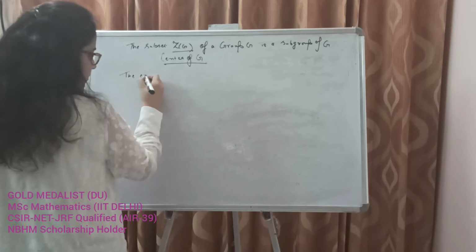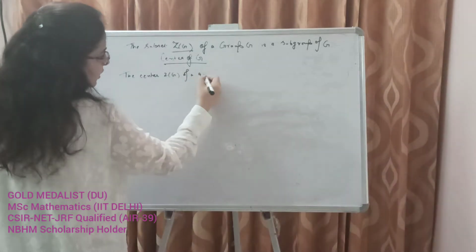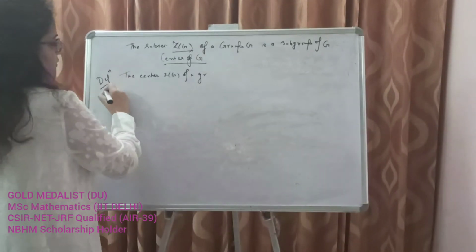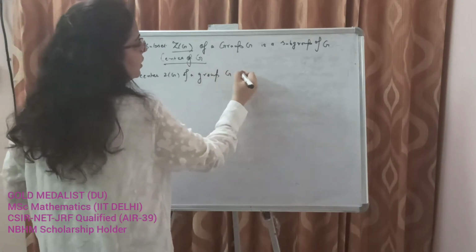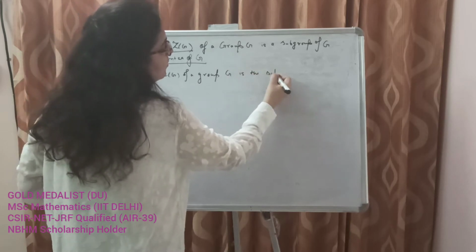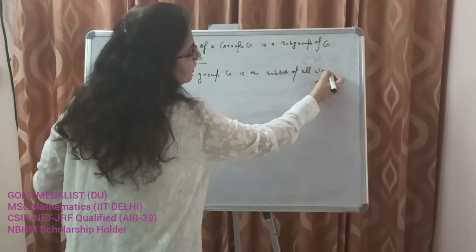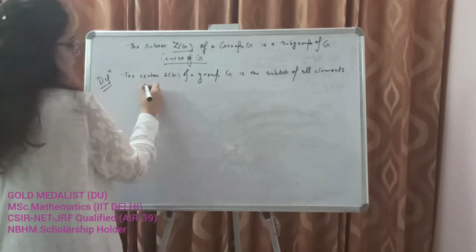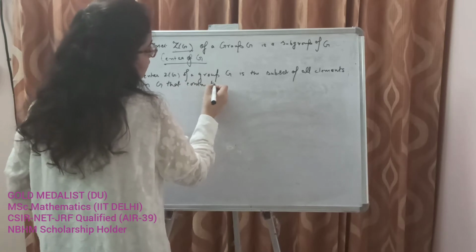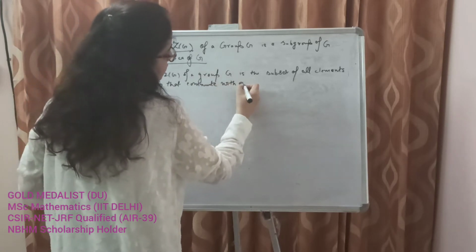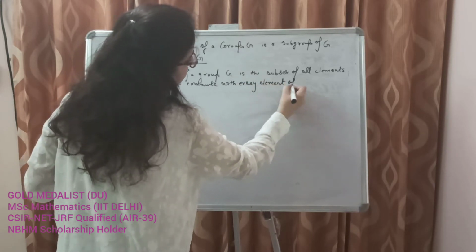So the center Z(G) of a group G, this is the definition. The center Z(G) of a group G is the subset of all elements in G that commute with every element of G. Correct?